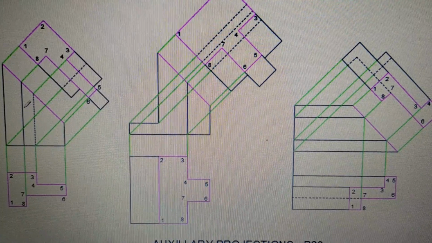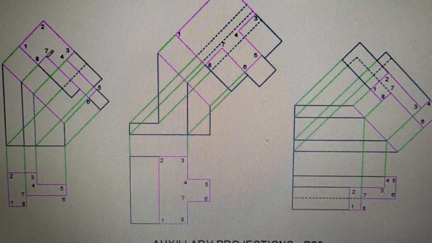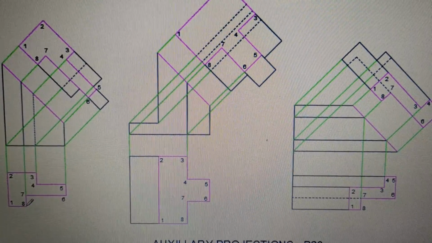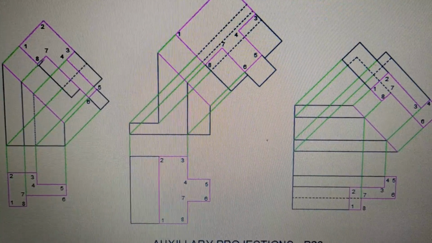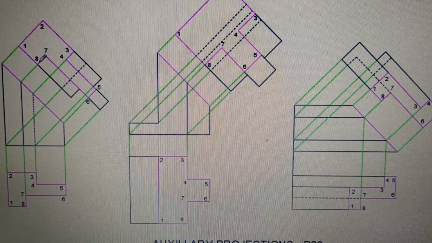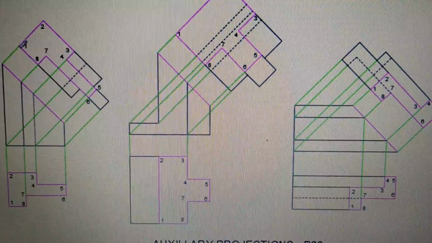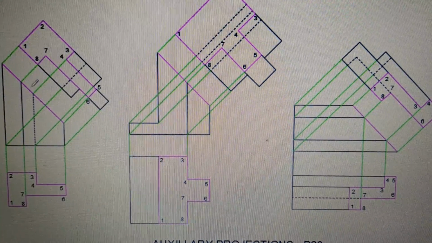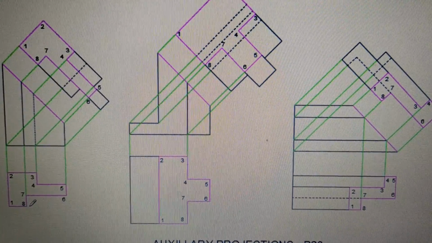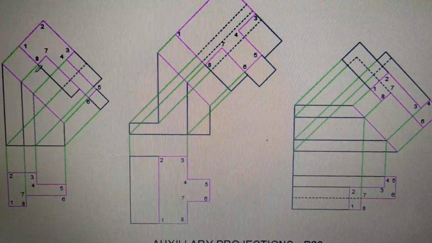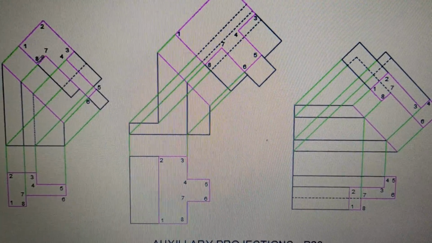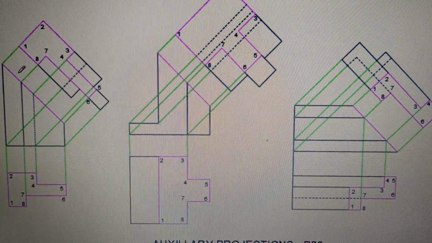Then from 6 to 7. Now 7 is here. So from 8 to 7, whatever is the distance, 8 we have already drawn. So from 8 to 7, you take, in fact we have not taken 8. So maybe 1 to 8 this distance you have to draw. So this 8 when you take like this, it becomes your 1 to 8. Because 8 is here. I have not shown the numbers here.